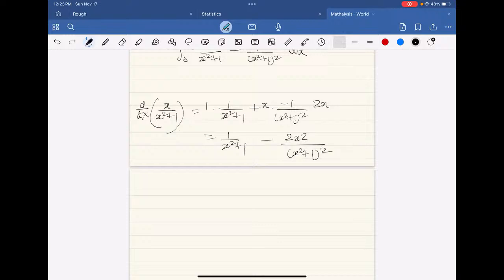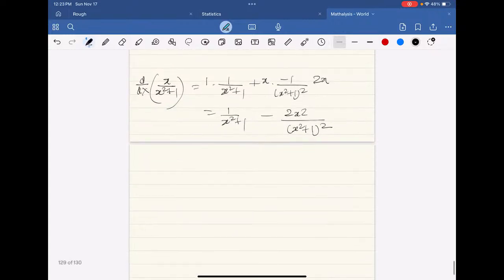Guys, wait, what this tells me is 2x square by x square plus 1 whole square is just 1 by x square plus 1 minus the derivative of x by x square plus 1, right?